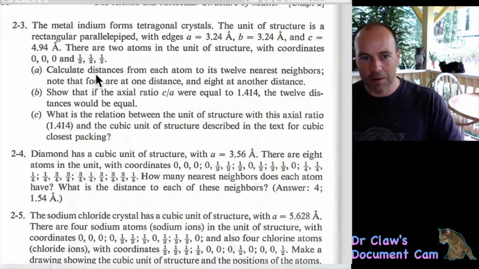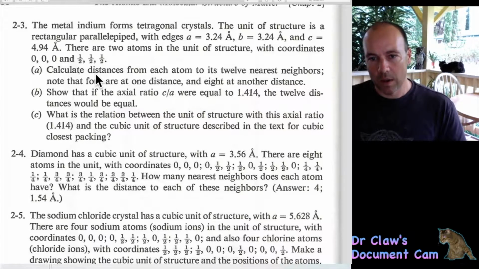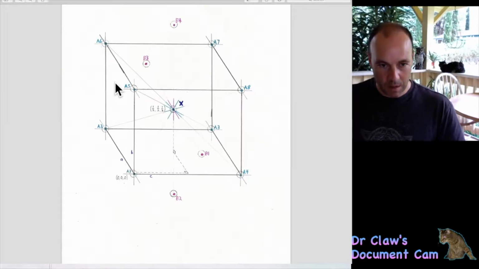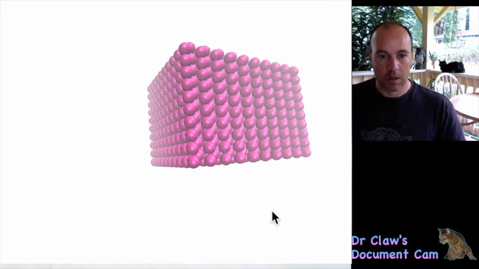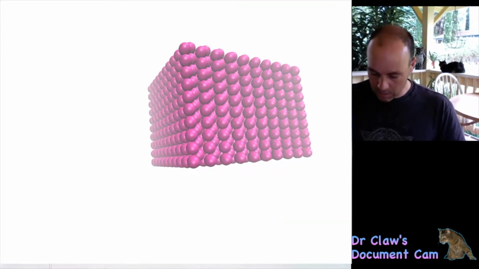So let's get a better look at the 12 nearest neighbors. Put this back there. I'll show you this in a second. For that, let's do a 3 by 3 by 3.